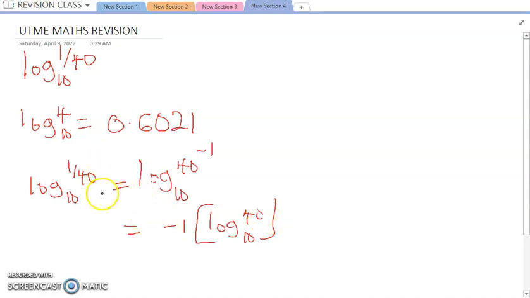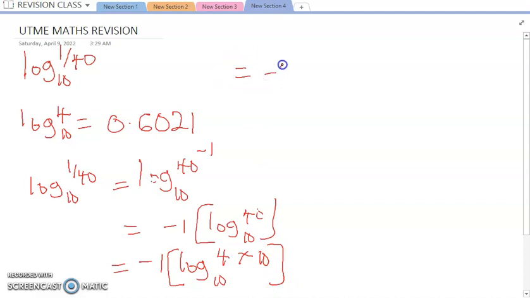So meaning I can have minus 1 bracket log base 10 of 4 times 10. Close the brackets. So from here I can have minus 1 bracket log base 10 of 4.